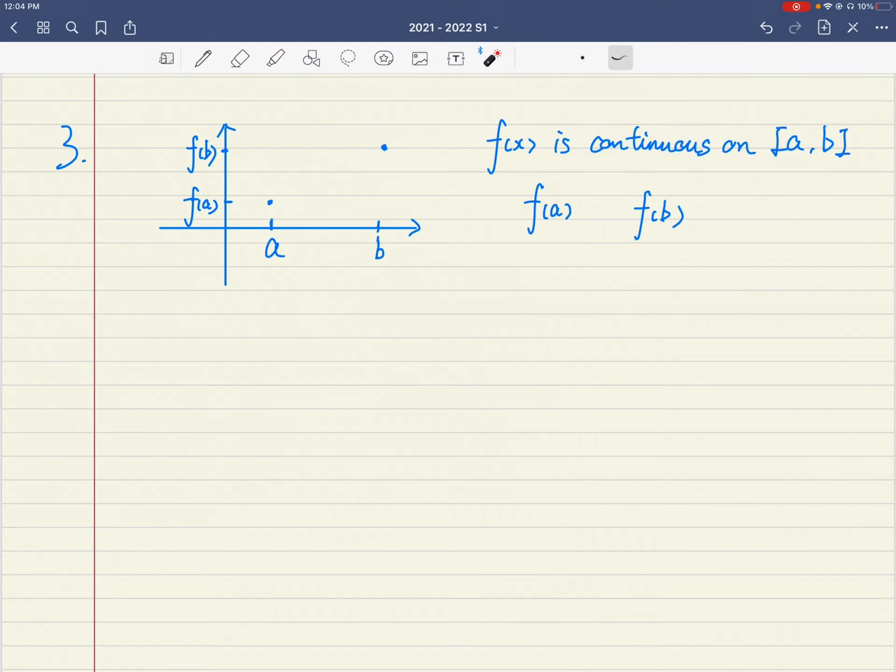So what's the math language of this theorem? First, f(x) must be continuous on AB.